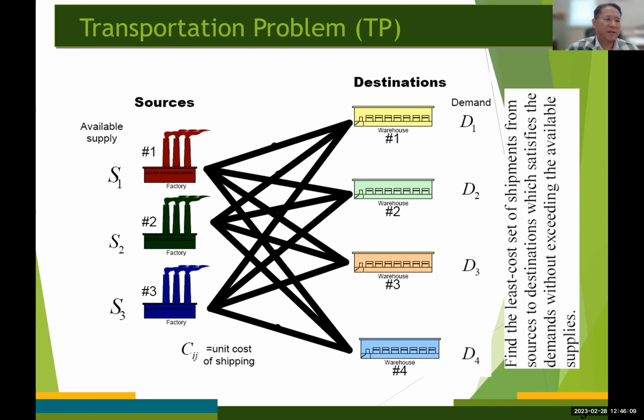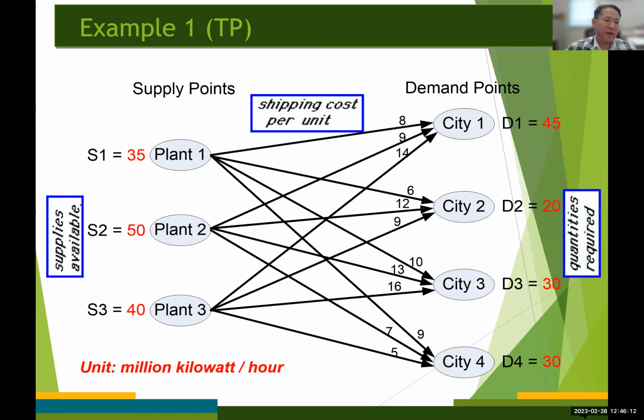So this screen shows a similar situation with the same number of sources and destinations for the flow. This time, we consider a situation that could arise in power companies, the power distribution plan. This figure also includes the shipping costs, supply amounts, and demand amounts for a power company.